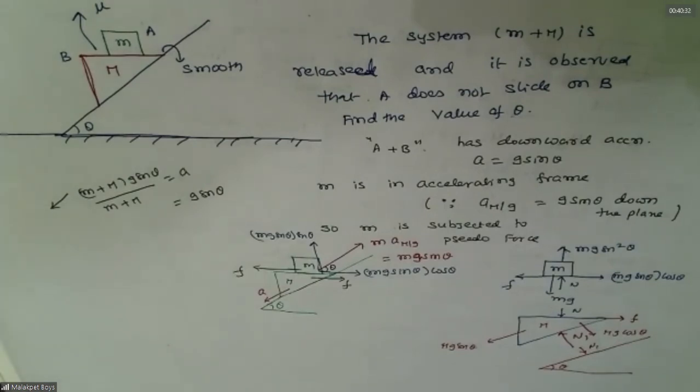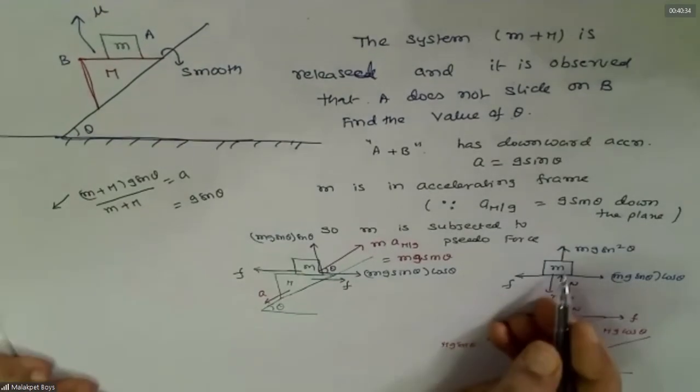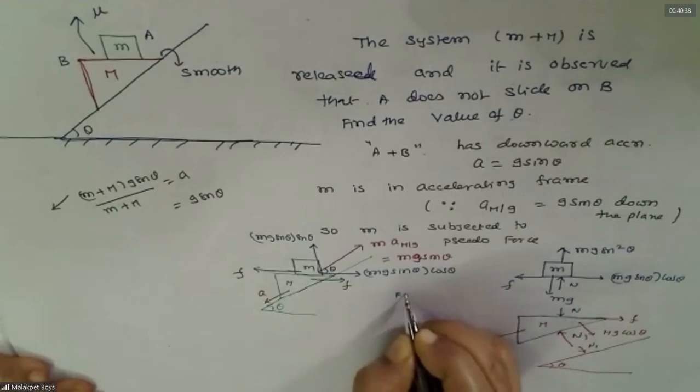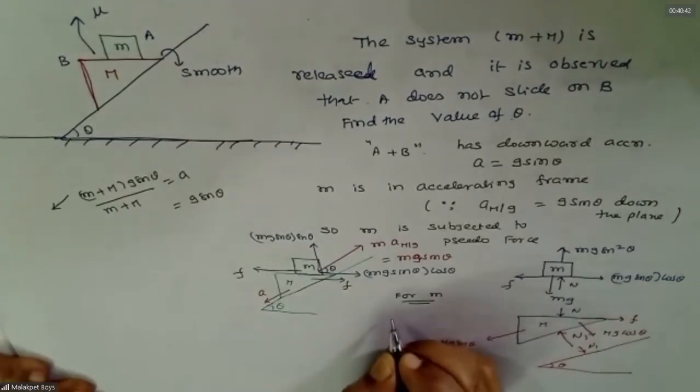Now for the upper block, I can frame the equations. N is upward. Sir, N is equal to mg cos square theta.